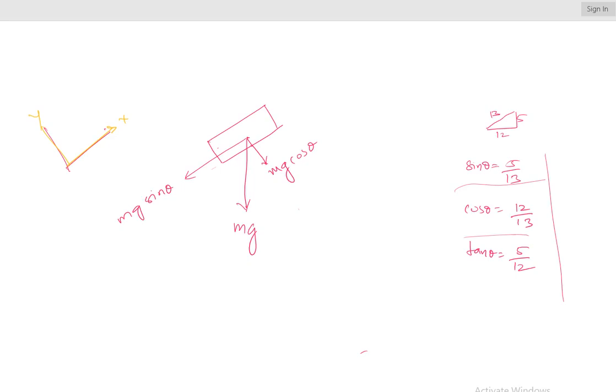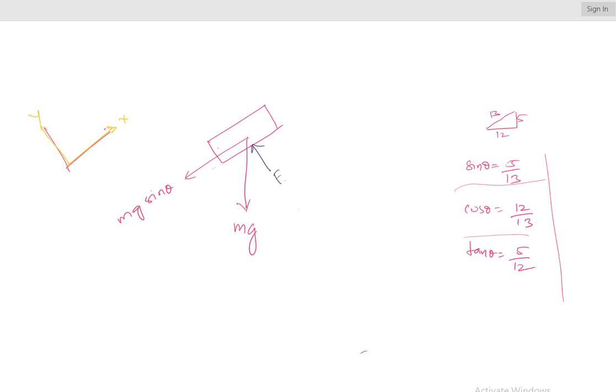Now there is also a resultant force that will be acting from the block onto that surface, right? Let me do one thing. I'm going to show this here.